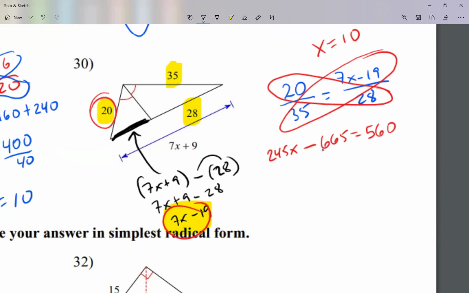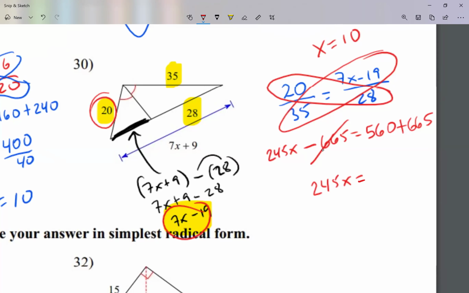I want the term that has the x by itself. So this minus 665, let me move it over as a plus 665. So that's going to give me that 245x is equal to 1,225.